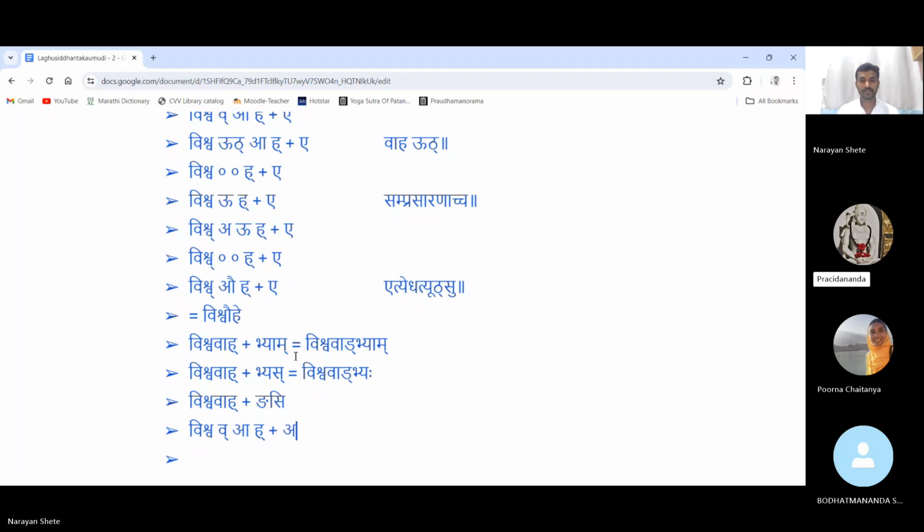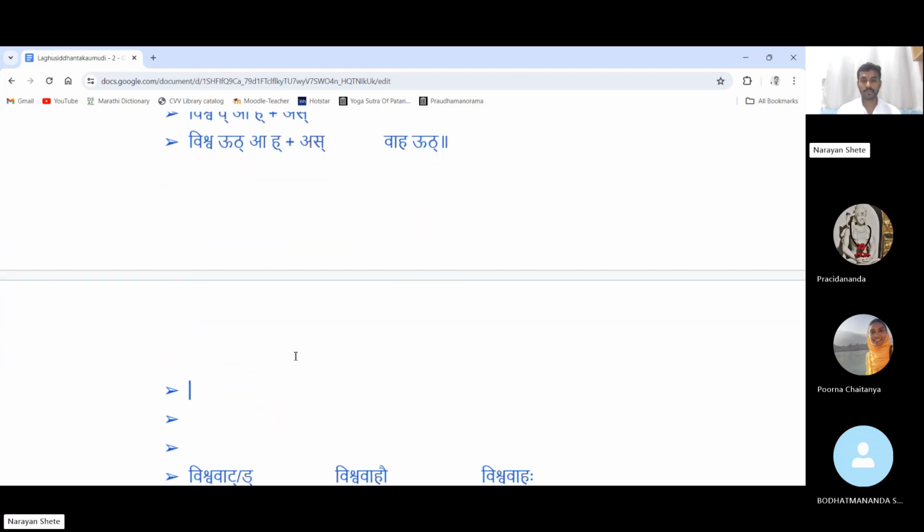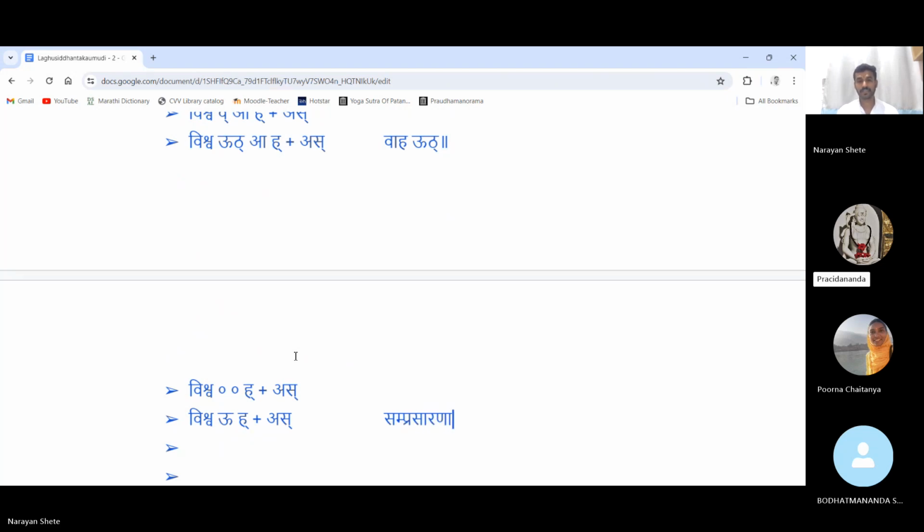Then vishwa vaha dhana. See what will happen here. Vaha ut, ut adesha will come. The sutra is vah ut. Vishwa, who will disappear? A will disappear. Purva rupa ekadesha will come in the place of both the letters, then us. The sutra is samprasaranacha.